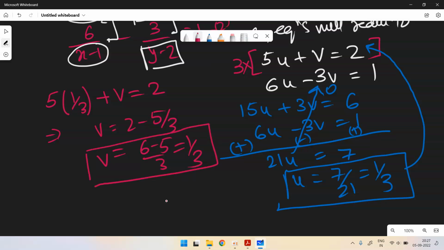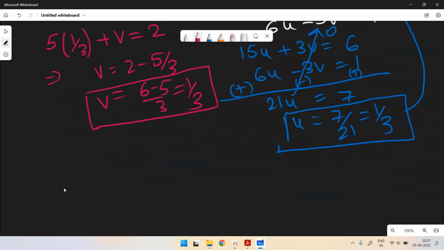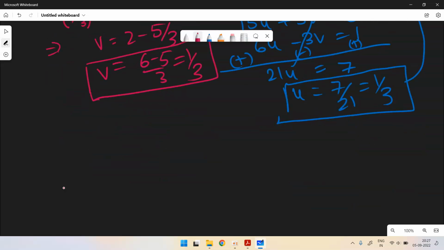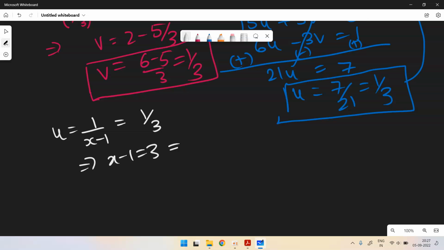Now the question doesn't know what u and v are. The question has said you need to find the values of x and y. So u you have taken as 1 by x minus 1, which you have calculated as 1 by 3, which implies x minus 1 equal to 3, which implies that x equal to 4.